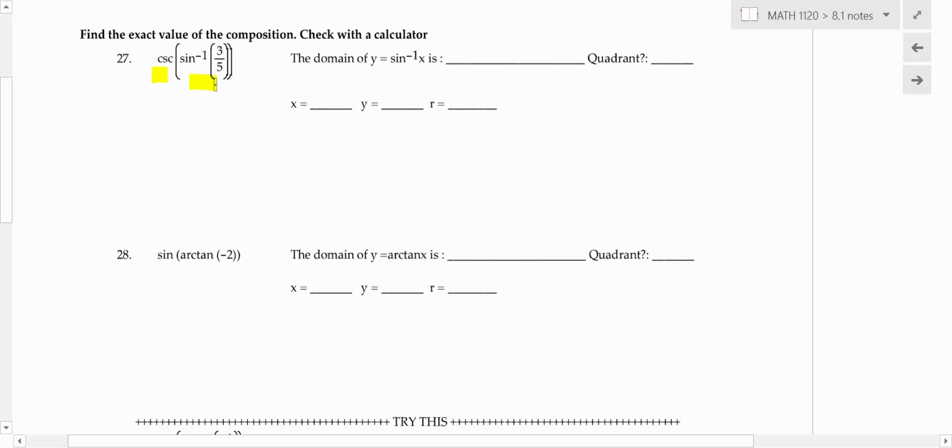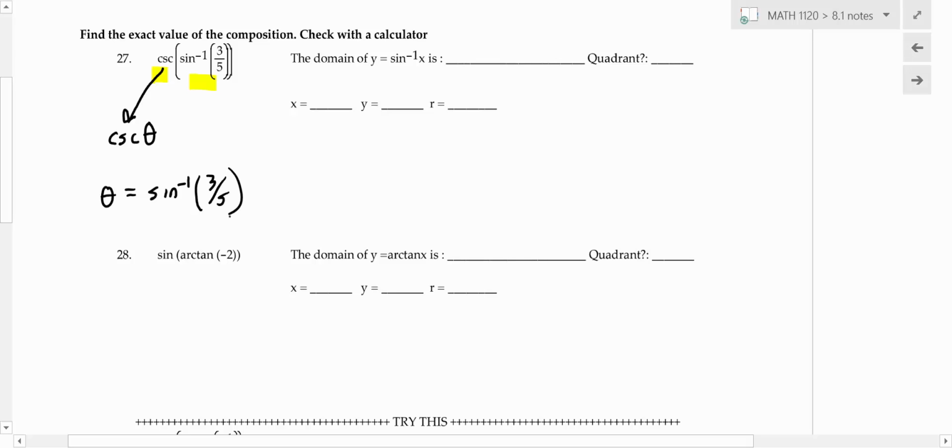And you just follow this analysis in a certain way. Ultimately, what you're going to do on this problem is if you're doing a cosecant, what I like to have students do is I like you to just kind of look at, this is really saying the cosecant of theta, that's what we're trying to find, where theta is equal to the inverse sine of 3/5. So let's write that down first.